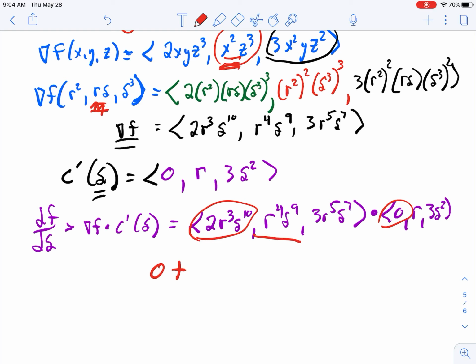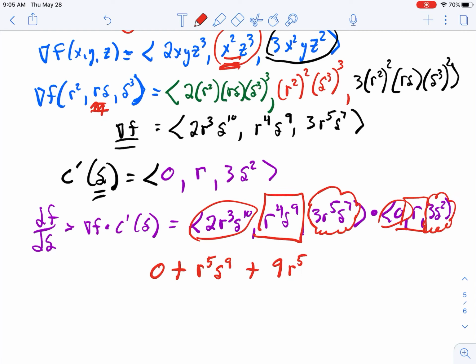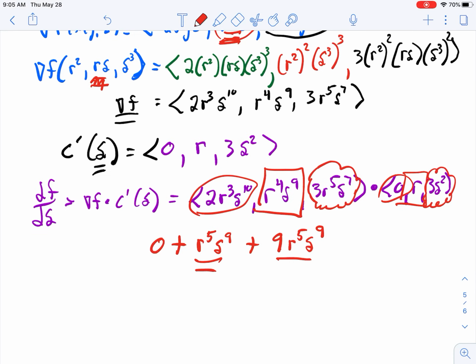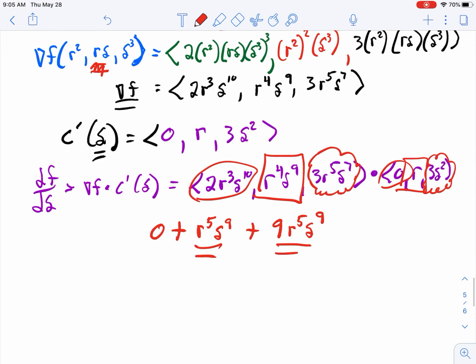So this times this, that would be 0 plus, multiplying those two out, that would be r to the 5th s to the 9th plus the third piece, 9r to the 5th s to the 9th. And looks like we have two pieces we can add together. So this would be 10r to the 5th s to the 9th.